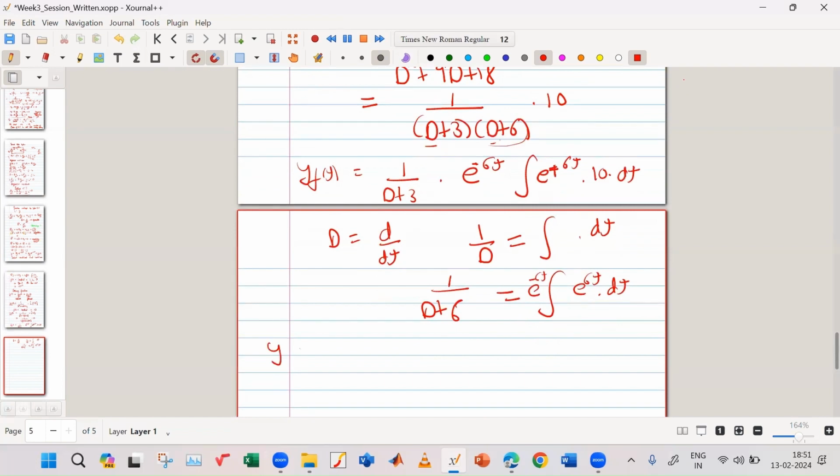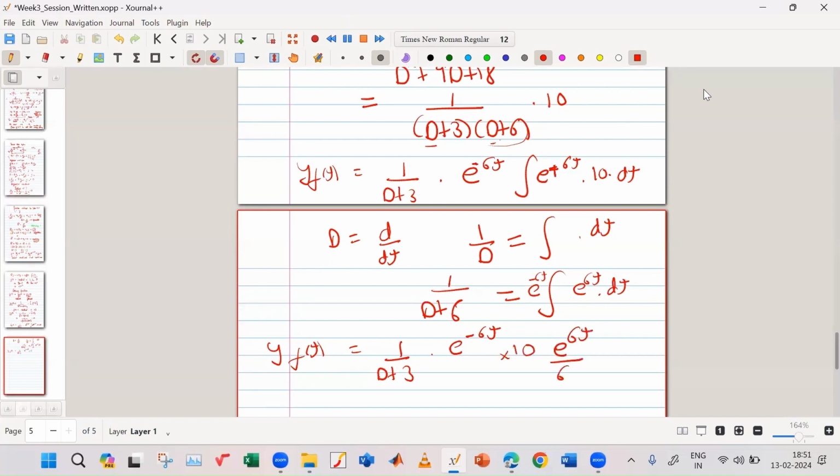What is this integration? This is 1 by D plus 3 into e raised to minus 6t. What is the integration of e raised to 6t into 10? It is 10 into e raised to 6t by 6.